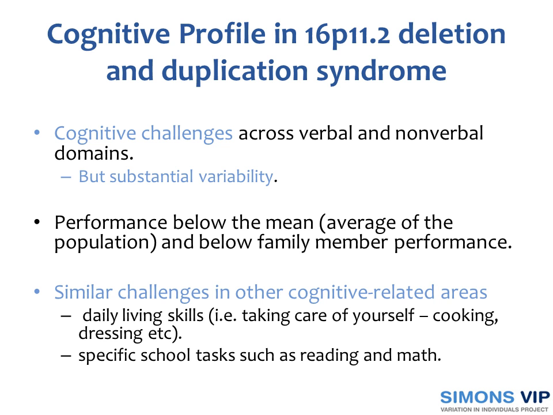And what we found is that there are cognitive challenges for both deletions and duplications across verbal and nonverbal domains, but there was certainly substantial variability. What was important is that performance is below the mean, the average of the population, and below family members. Typically, cognitive skills are similar to what your other family members' cognitive ability is.